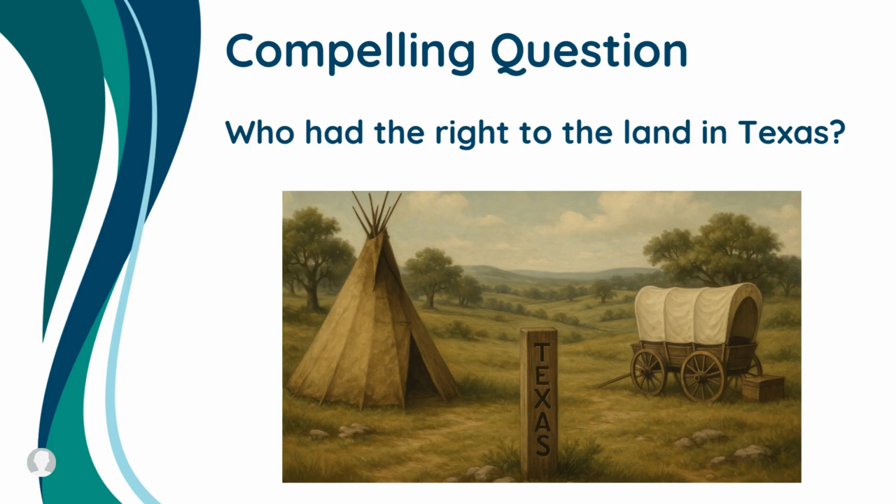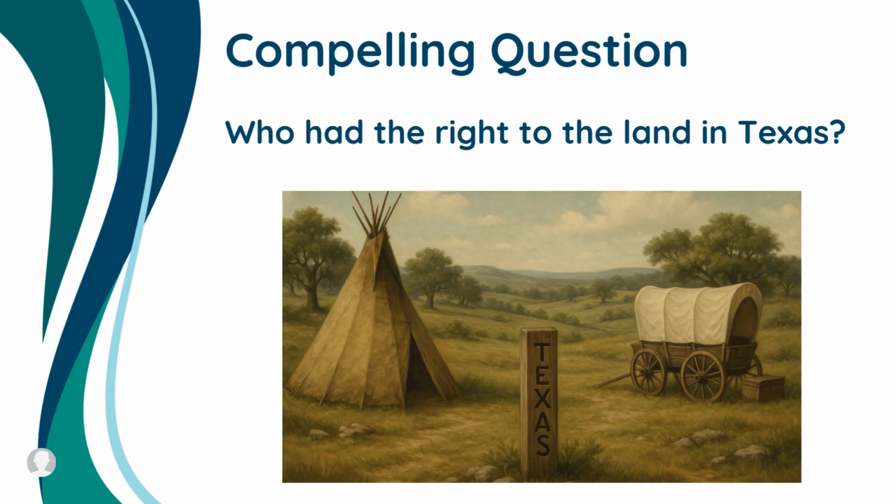Here's our compelling question, the big overarching question that ties the whole inquiry together. It's broad enough to invite multiple perspectives, but specific enough to stay anchored in the TEKS. The key is that it can't be answered with a single fact. It requires evidence and reasoning, discussion. Who had the right to the land in Texas works because students must weigh perspectives, consider historical context, and use sources to defend a claim.